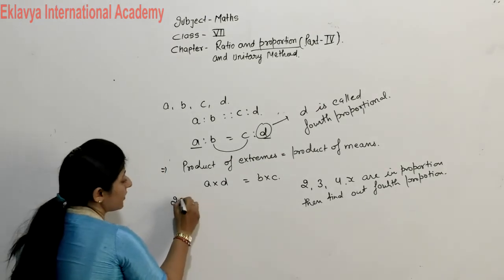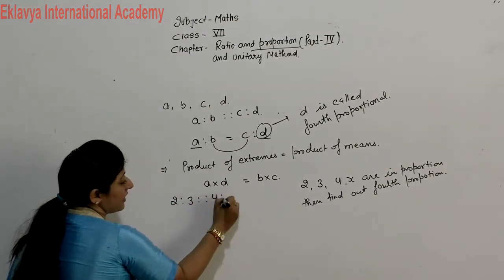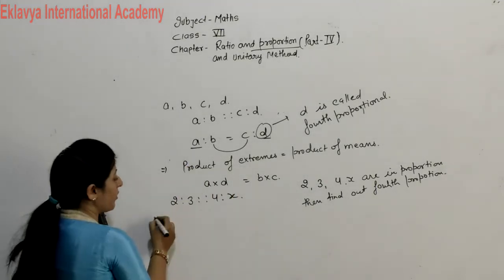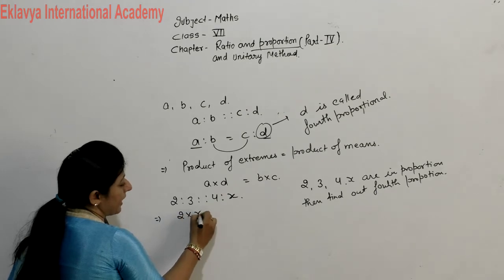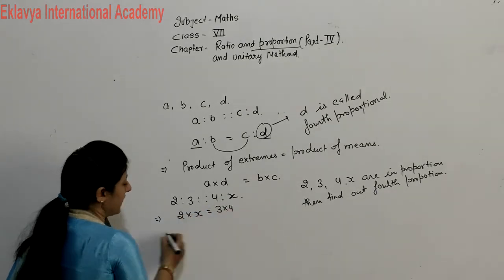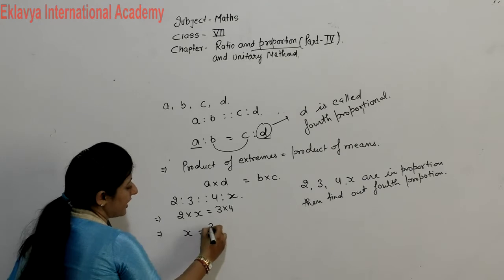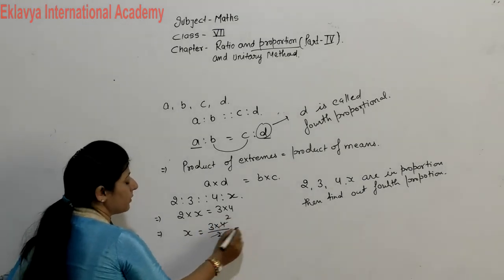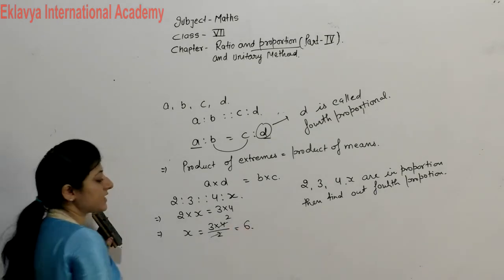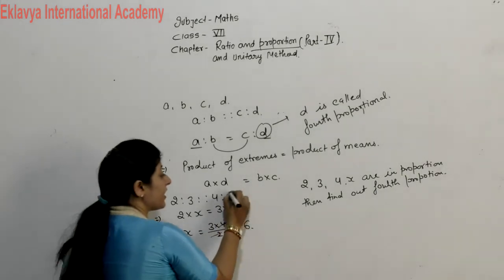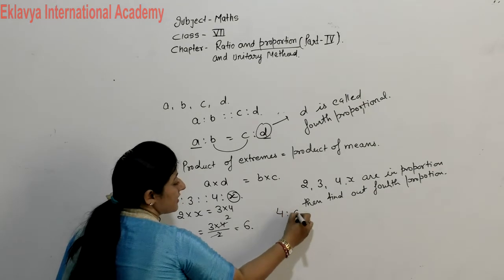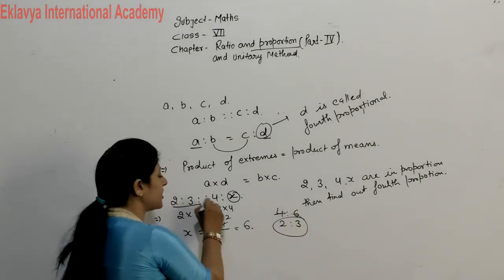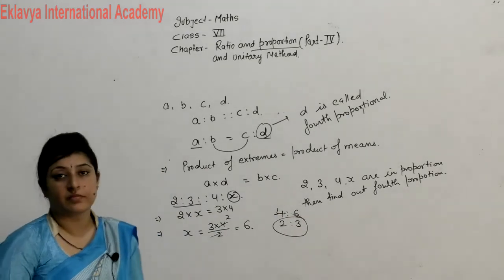Then 2:3 proportion 4:x. How to solve it? 2 multiplied by x is equal to 3 multiplied by 4. Then x is 3 multiplied by 4 divided by 2. 2 2s are 4, 2 3s are 6. So the value of x is 6. If you see properly, 4:6 is also equal to 2:3.